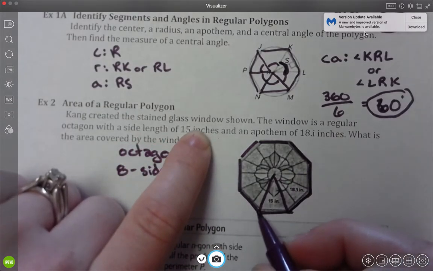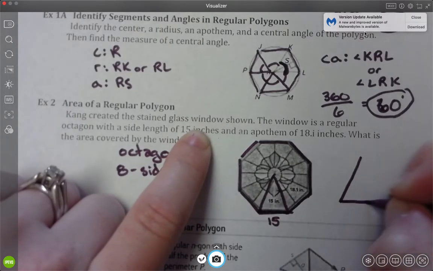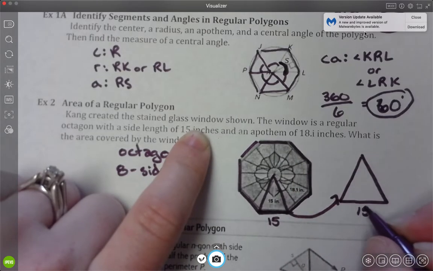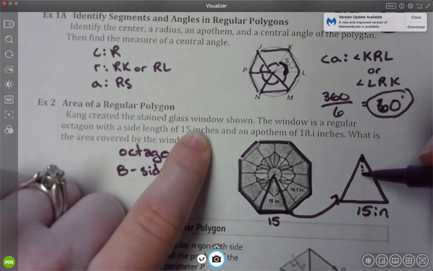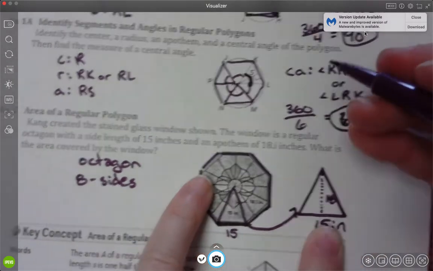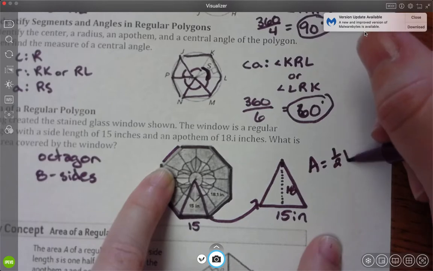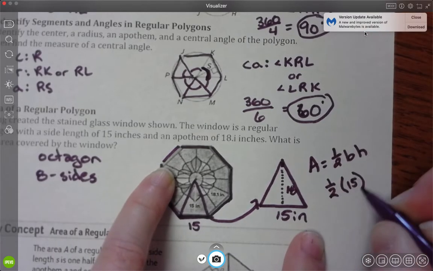This bottom side here is 15. I'm going to label this a little bit better. I'm going to take that triangle and section it out over here. So 15 inches is that bottom side, and the apothem, which is right here, is 18. Since this is a triangle, we know the area of a triangle is 1/2 the base times the height. I would have 1/2, base is 15, height is 18.